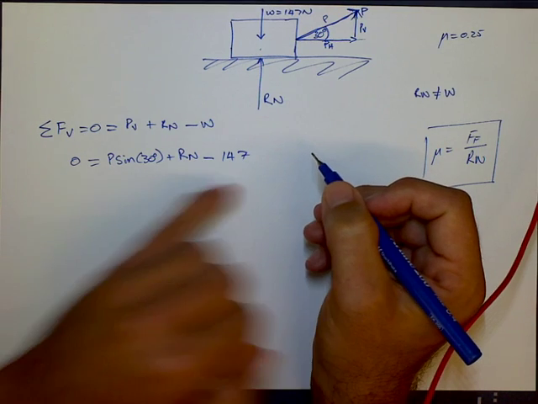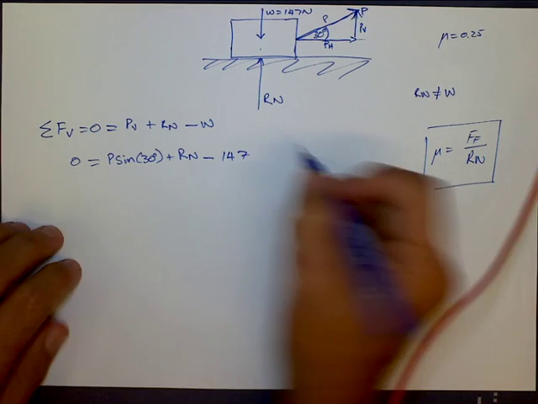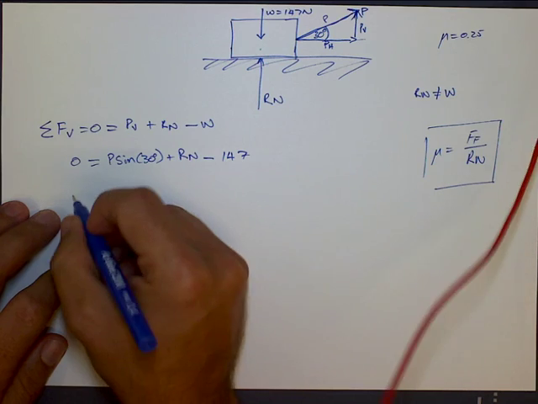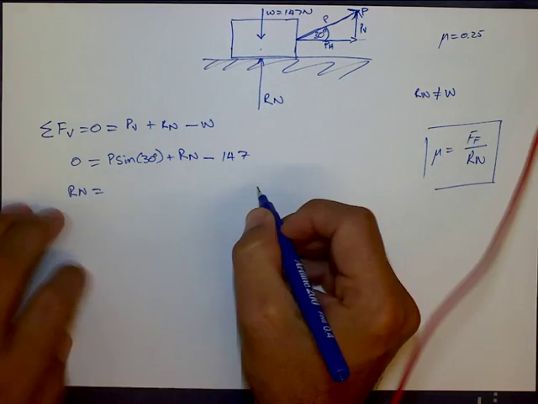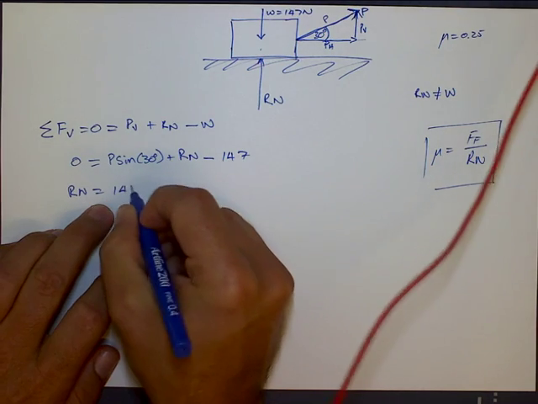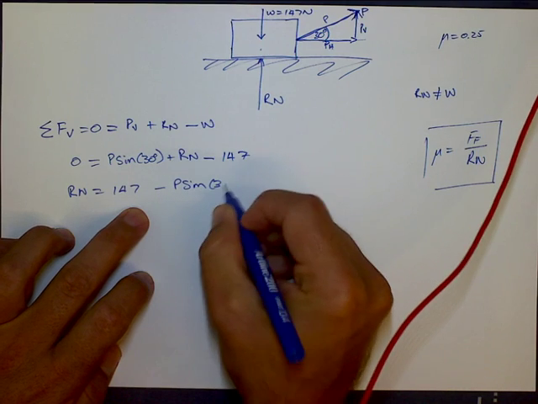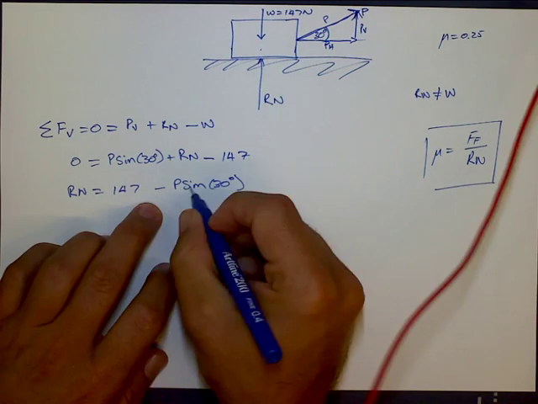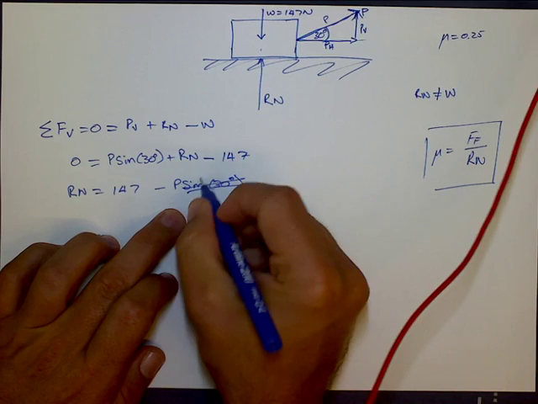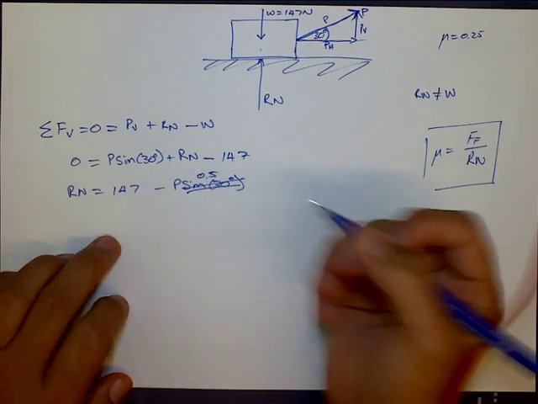So Rn is equal to 147 minus P sine 30, and sine 30 is 0.5, so 0.5P.